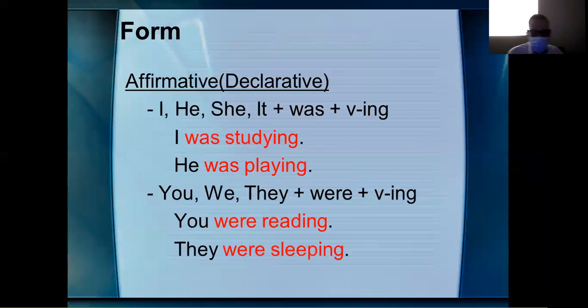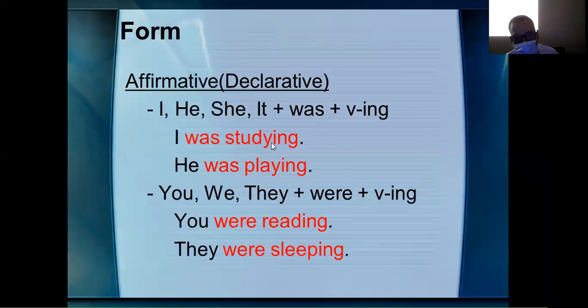Here is the form. I gave you a background about the tense and the usage, but of course we have to say the form of the verb. The verb is formed from the past of be, which is was and were, as I told you before, plus the verb plus ing.